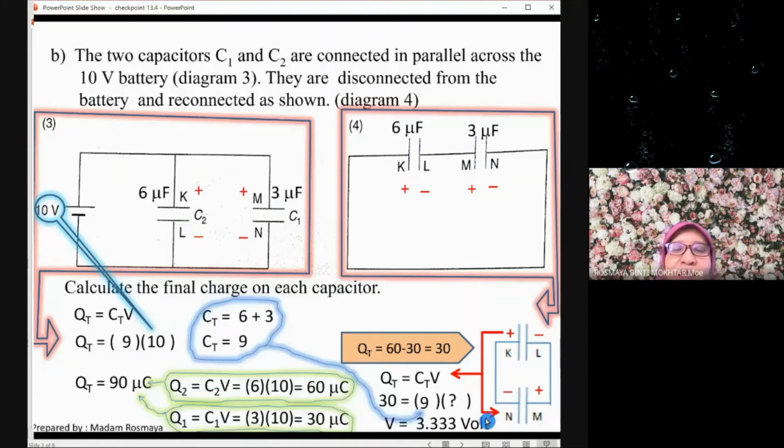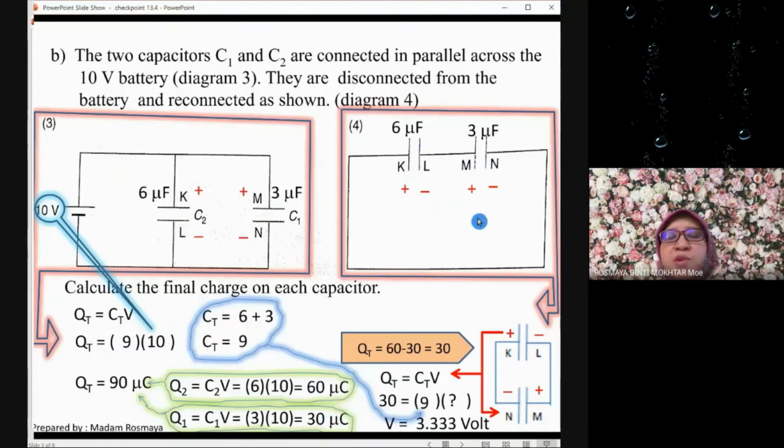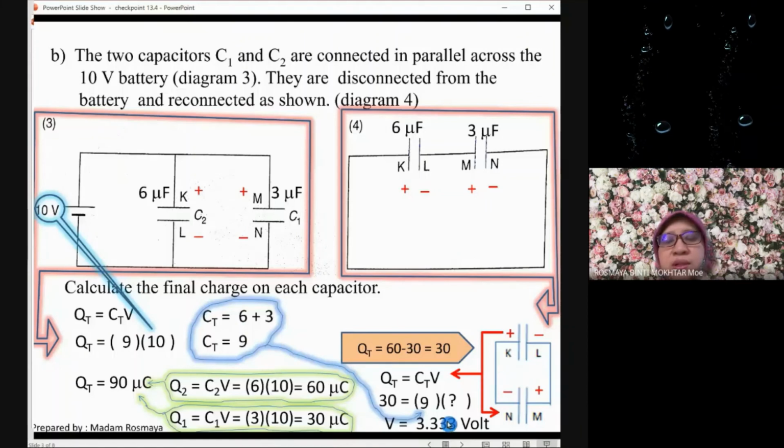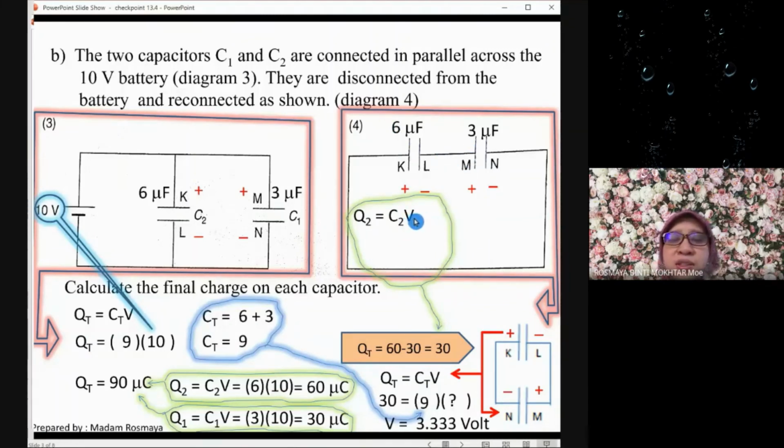Still not finished yet, because the question wants the final charge on each capacitor. So the final charge on each capacitor is no longer 60 and no longer 30, because the charge can move freely in the circuit here. But the voltage remains the same, 3.333 volt. So you can use Q equals CV for each of the capacitors with V constant.